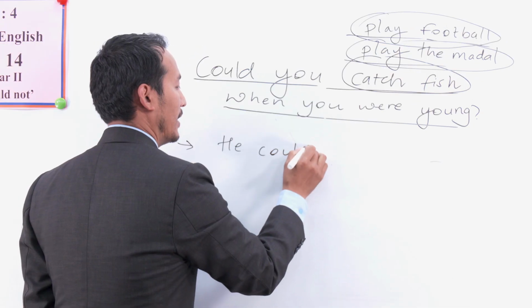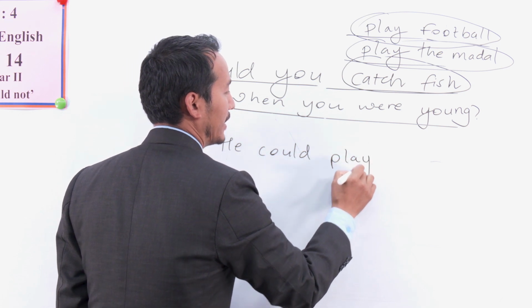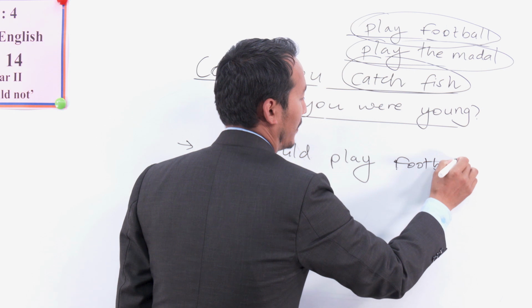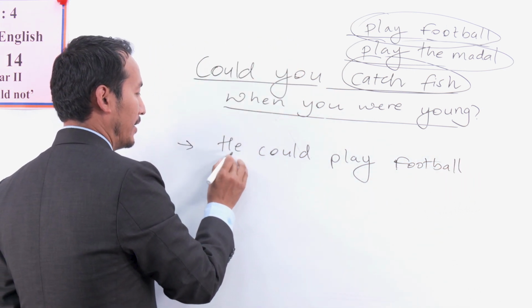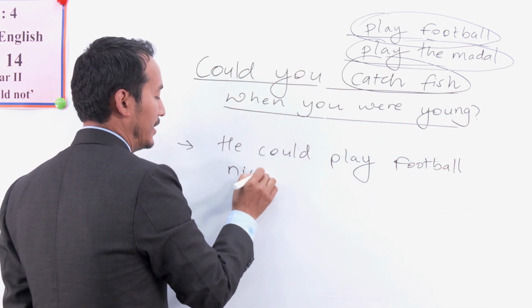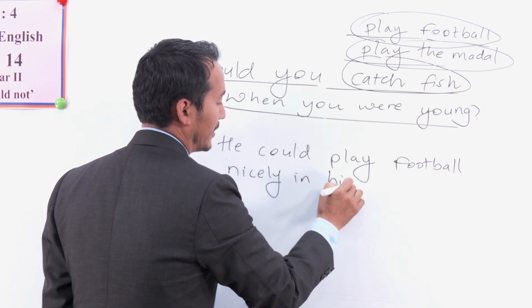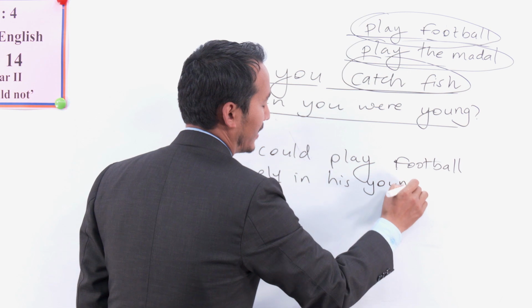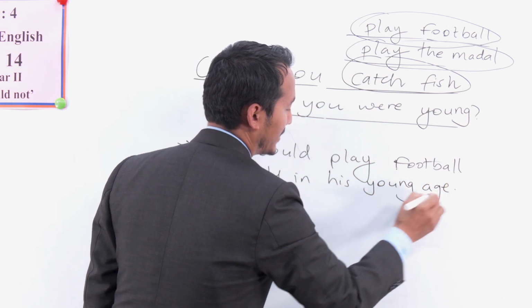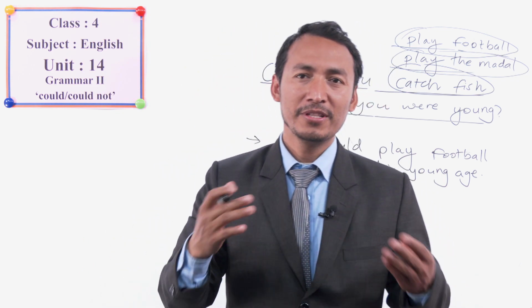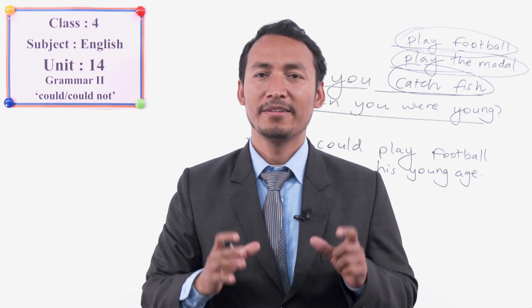He could play football nicely in his young age. Okay, likewise, you can say he could, he couldn't. He could do that, he couldn't do that, and you can write a paragraph.